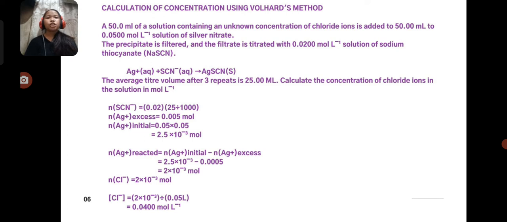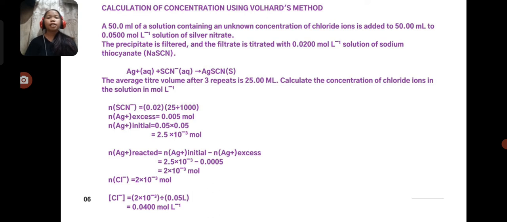The precipitate is filtered, and the filtrate is titrated with a 0.0200 mole per liter solution of sodium thiocyanate. The reaction is Ag+ in aqueous solution reacting with SCN- in aqueous solution to form a precipitate of AgSCN. The average titer volume after 3 repeats is 25.00 mL.